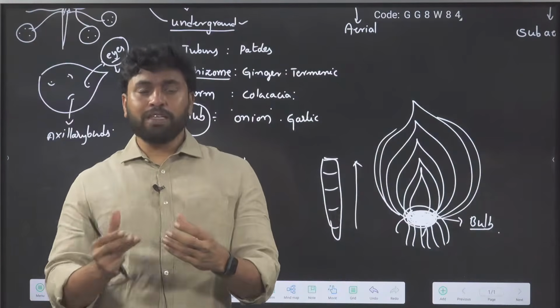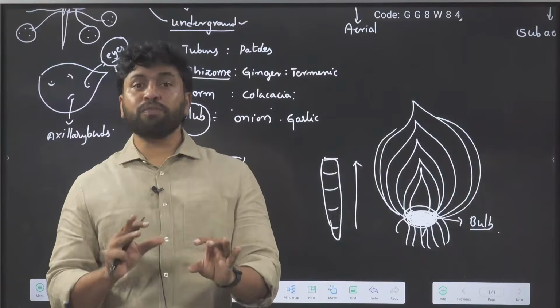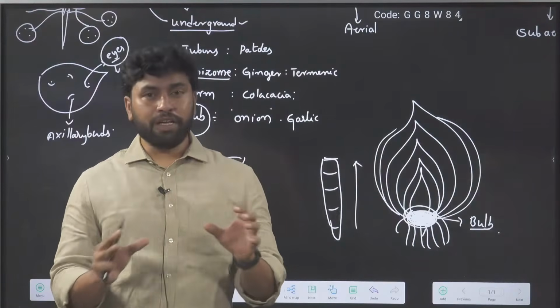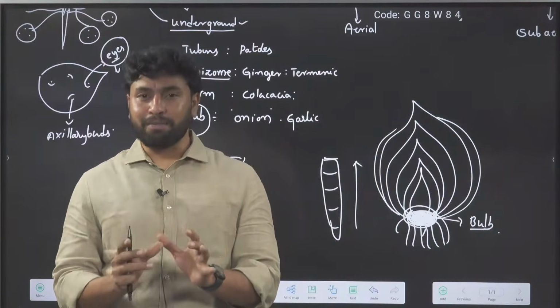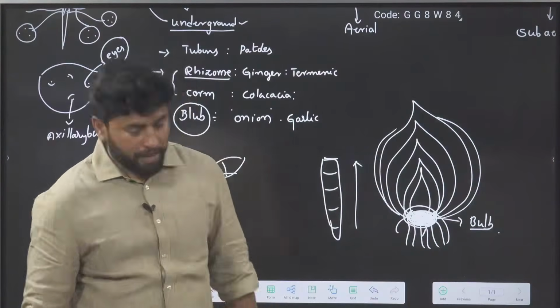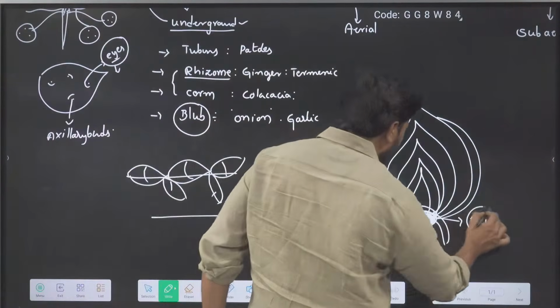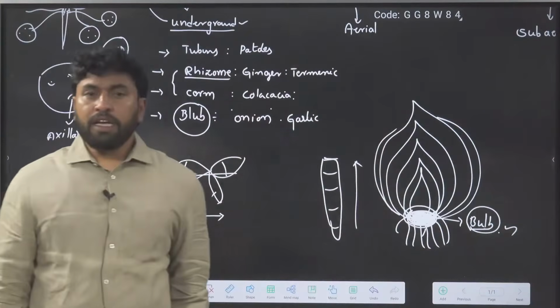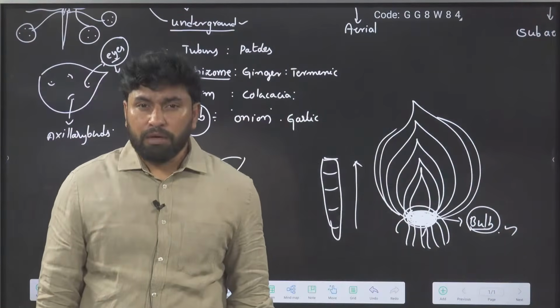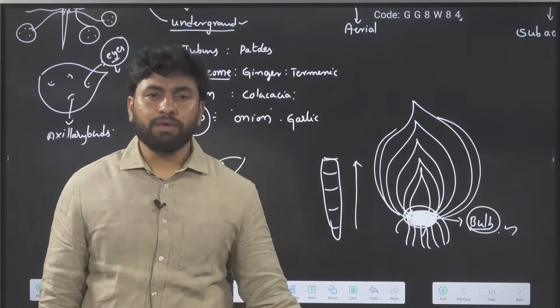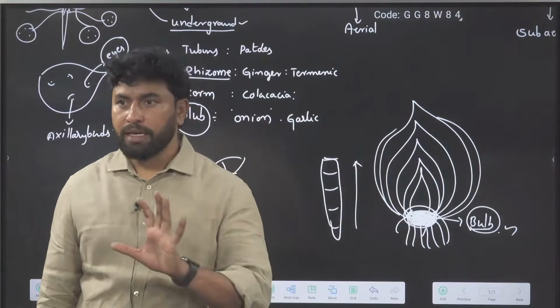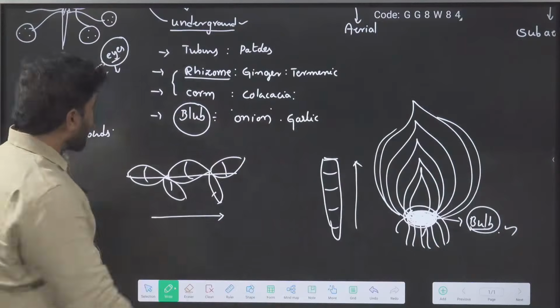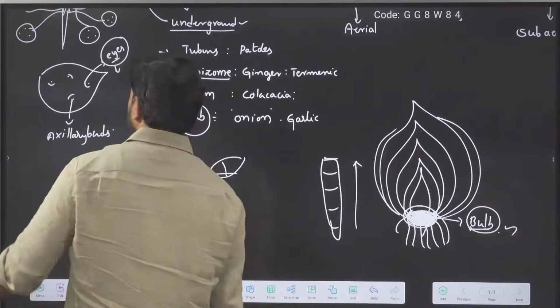Our regular consumption of onion is leaf bases, but in the onion we never eat the stem. The stem is the bulb. We don't eat the bulb, we eat only its leaf bases. Clear?